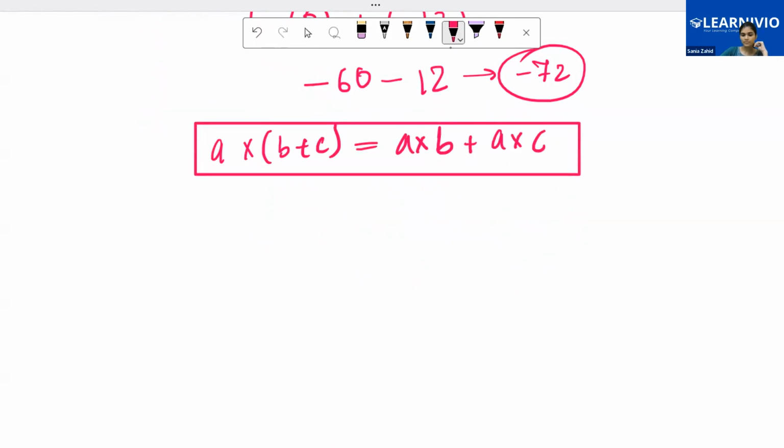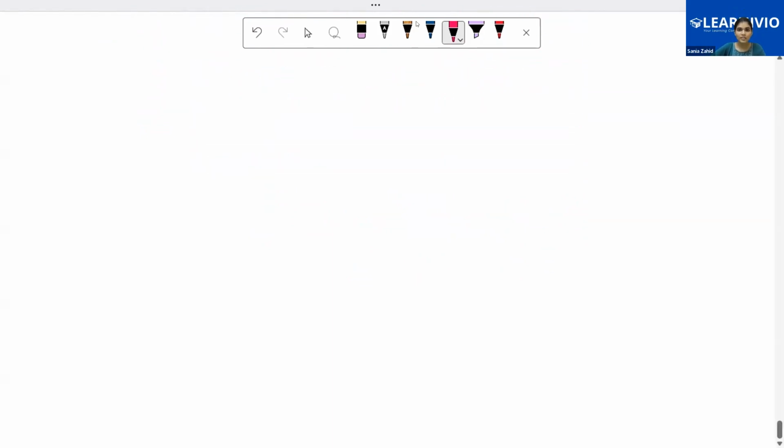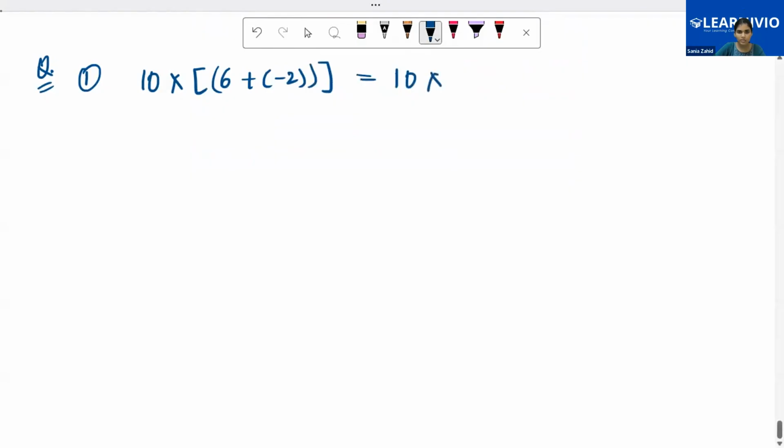Now you have to check these results. Question 1 says you have to check this: 10 multiplied with 6 minus 2 is equal to 10 multiplied with 6 plus 10 multiplied with minus 2.